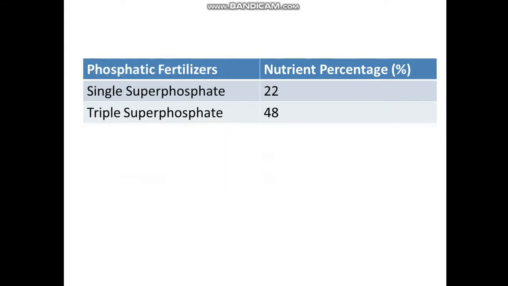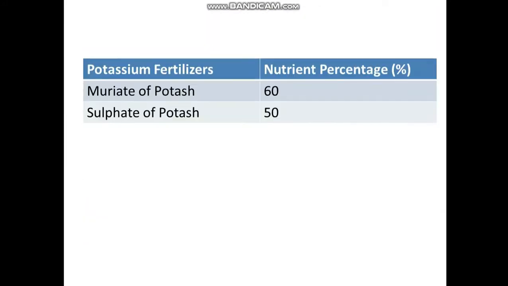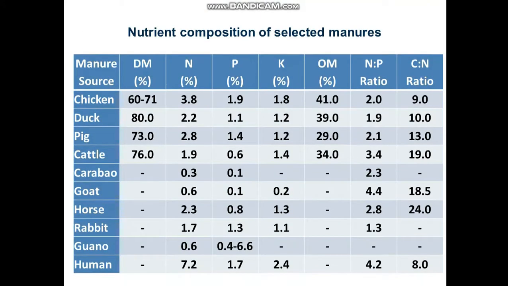We have also phosphatic fertilizers like single super phosphate with 22% phosphorus, triple super phosphate with 48% phosphorus. We have also potassium fertilizers like muriate of potash with 60% potassium and sulfate of potash with 50% potassium. We have here also the different composition of selected manures like chicken, duck, pig, cattle, carabao, goat, horse, rabbit, guano, and human.